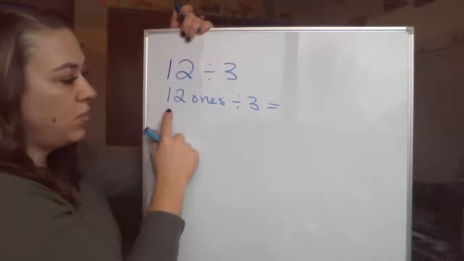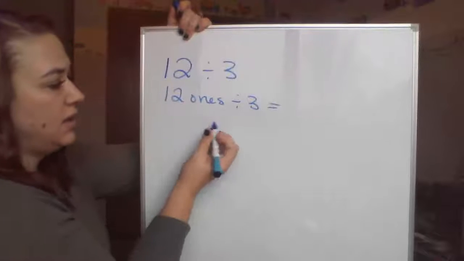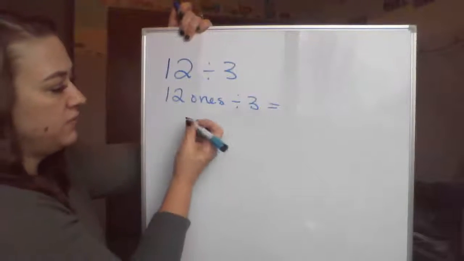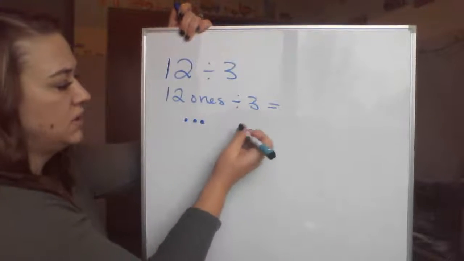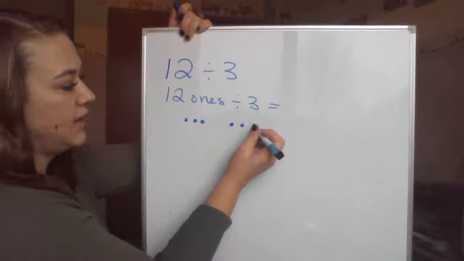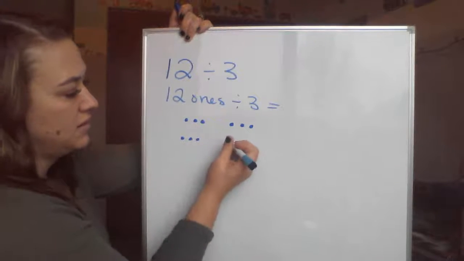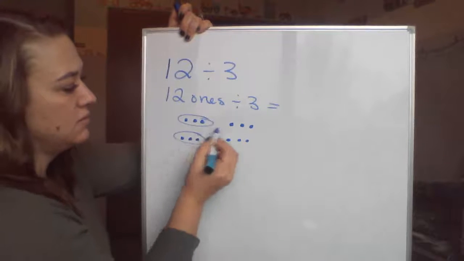We're breaking our 12 ones into groups of 3. So we're going to count by 3s until we get up to 12. So here's 1, 2, 3, 4, 5, 6, 7, 8, 9, 10, 11, 12. So here's my groups of 3.